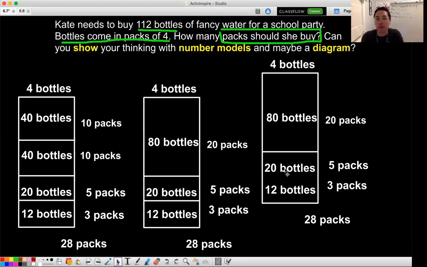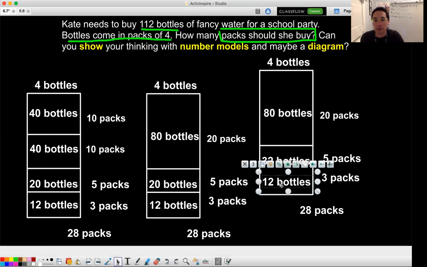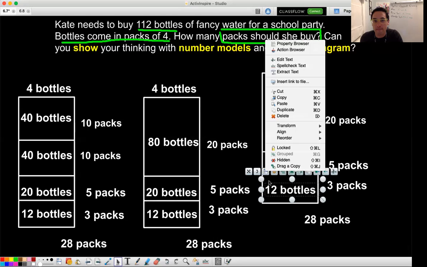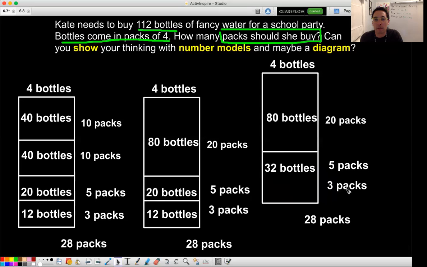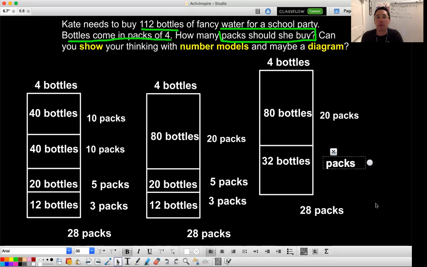If I thought about it like, okay, I had 80, I needed to get to 112: 80, 90, 100, 110. So I still had 32. Not 320, hang on. Slow down, give me a second. So 4 times what will give me 32?